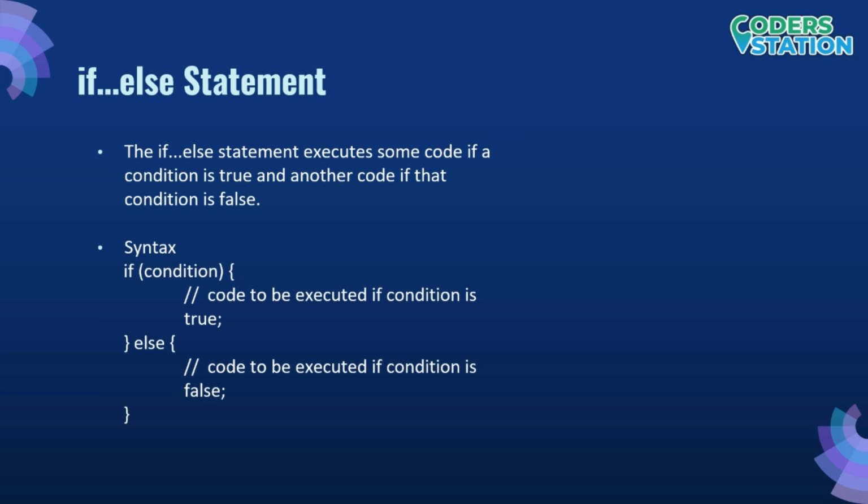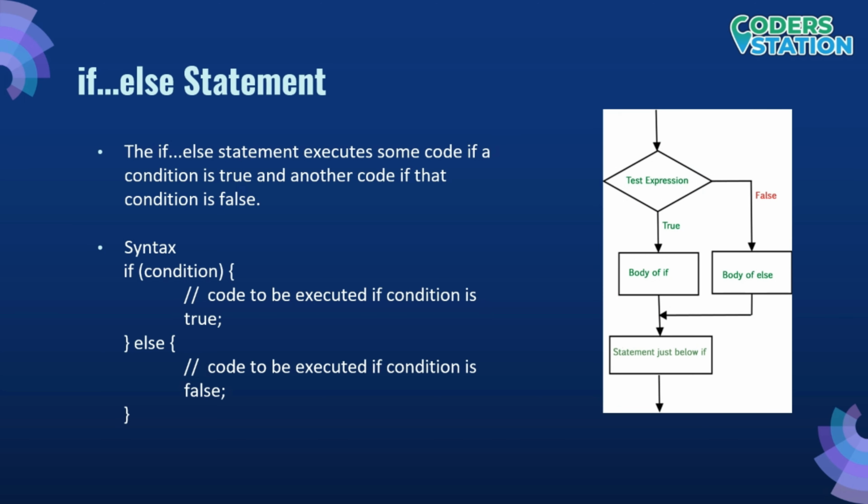So the syntax: if condition, code to be executed if true, else the remaining part to be executed if the condition is not satisfied. In the flowchart you can see here you get two outputs, to be executed if the condition is satisfied or if the condition is not satisfied.